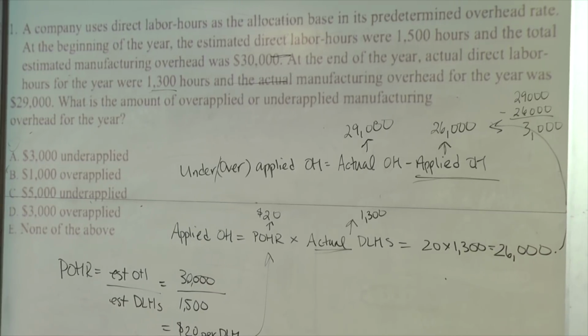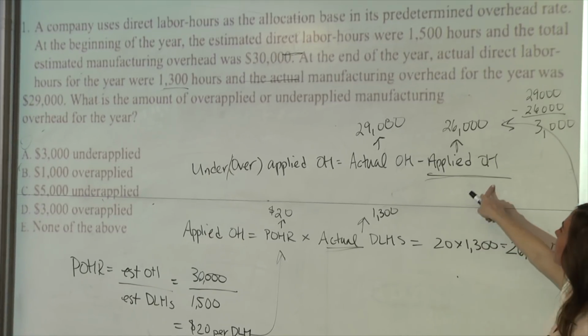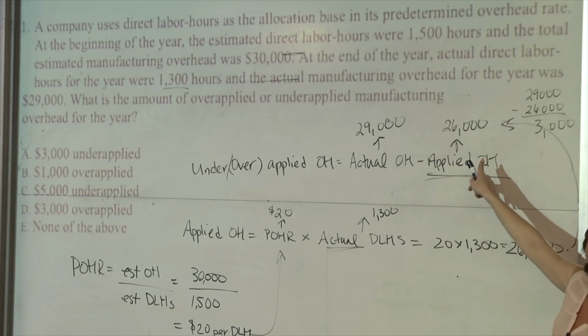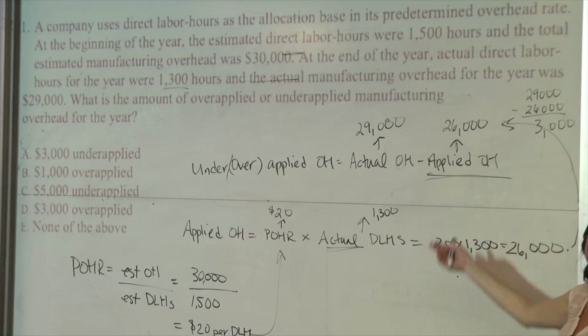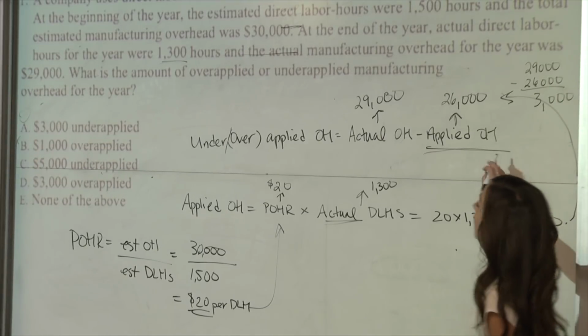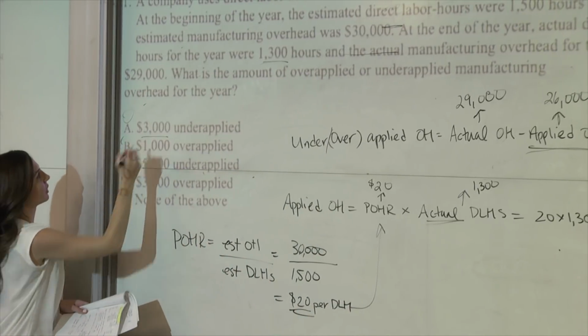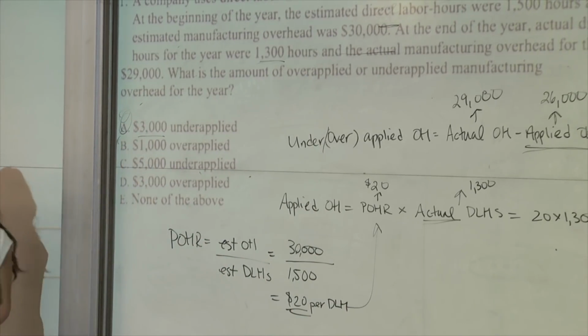How do we know if it's under or over applied? So we can just see, right? We applied 26,000, but the actual was 29,000, so we applied less than what we should have. So we're going to have an under-applied overhead. And we calculated the difference already as 3,000, so the choice is A.